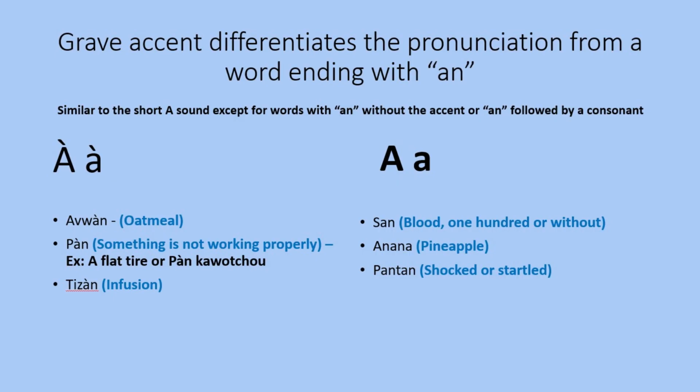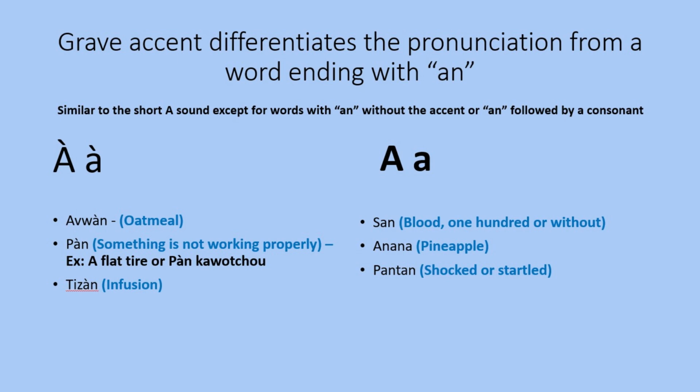But I noticed in Creole, if an "an" is followed by a vowel, then it remains "a-n." And then if it's followed by a consonant, like your B, C, D, F, things like that, then it becomes nasal, right? Like in this case, an is followed by a, which is a vowel. So then it's anana. It's not ana. It's anana, okay?